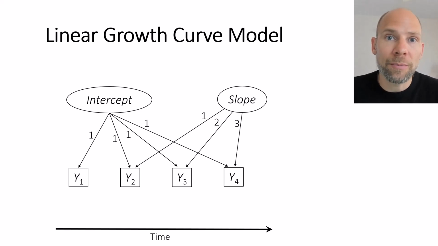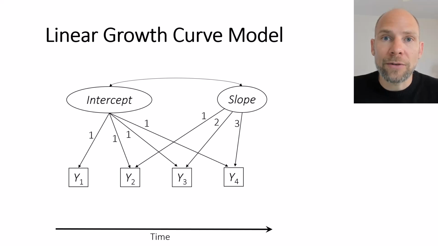The first loading appears for y2, and that loading is fixed to 1. The next loading is fixed to 2 and then 3. If we had more time points, then it would keep going like this, assuming that the time points here are equally spaced. If not, then you would have to change the loadings according to the time metric in order to still make that slope factor a linear slope factor.